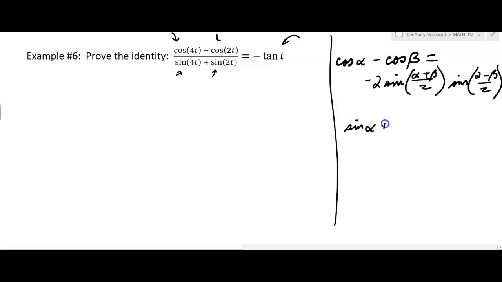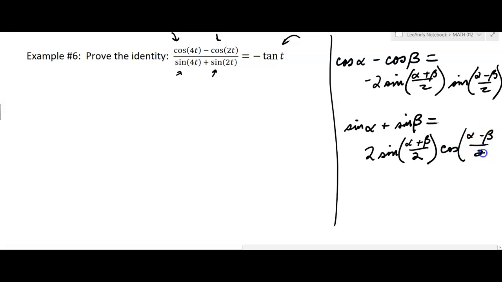So sine alpha plus sine beta is equal to, where is it? 2 sine alpha plus beta over 2 cosine alpha minus beta over 2.